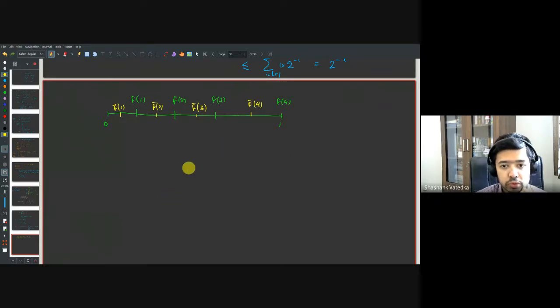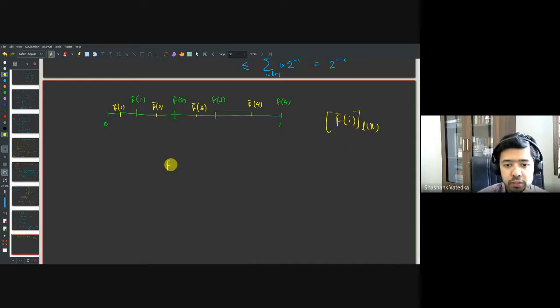Now, what are the code words? The code words are f bar of x truncated to L of x bits, correct? So they're going to lie somewhere to the left of this, and the maximum difference between the code word and f bar of x is at most 2 to the minus L of x.